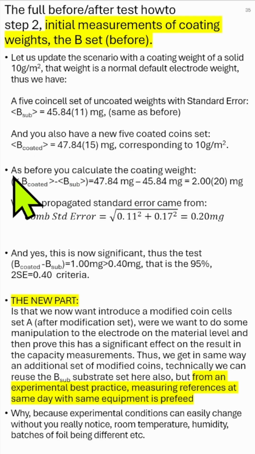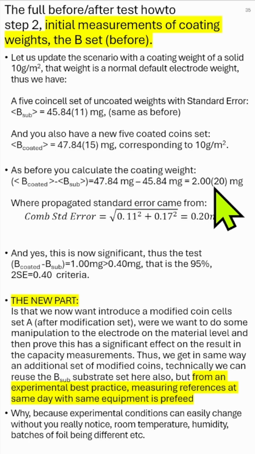So let's calculate that. We do the same calculation as before for coating weight. The mean value of the coated coins mass minus the mean value of the copper substrate coins, 47.84 milligram minus 45.84 milligram, becomes exactly 2.00 milligram.